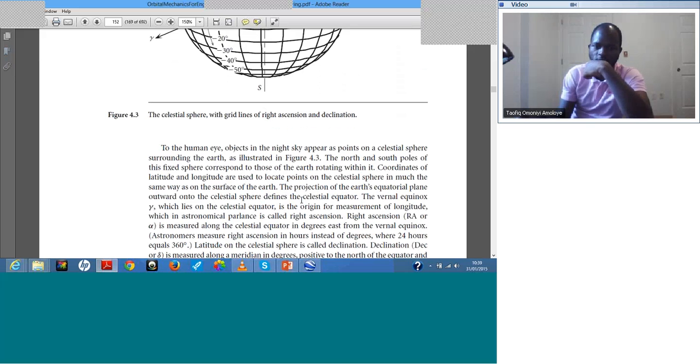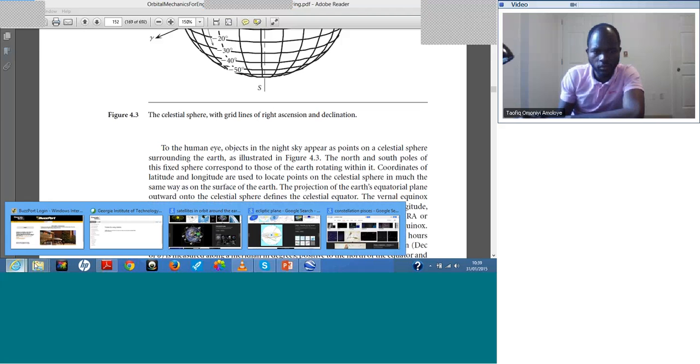The projection of the Earth's equatorial plane outward onto the celestial sphere defines the celestial equator. Just like I said before, the celestial equatorial plane coincides with the geocentric equatorial plane, that is the Earth's equatorial plane.